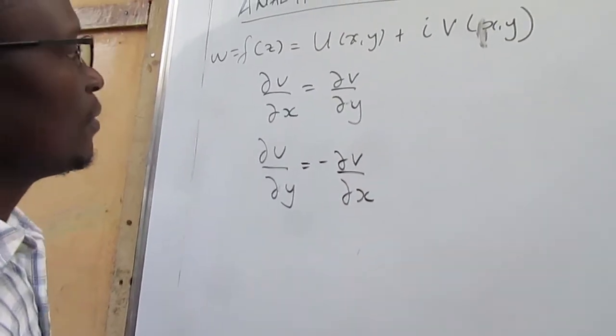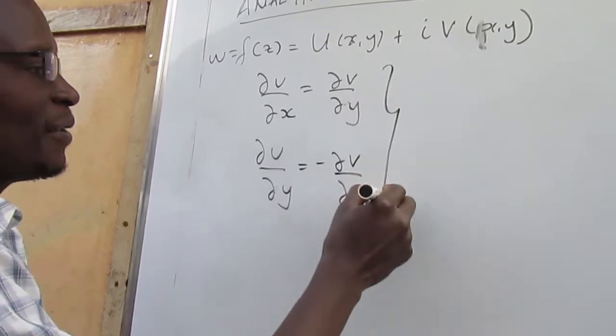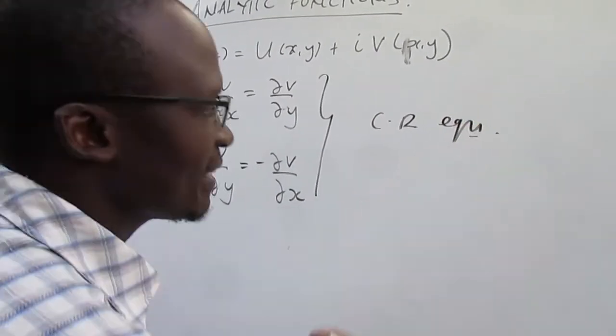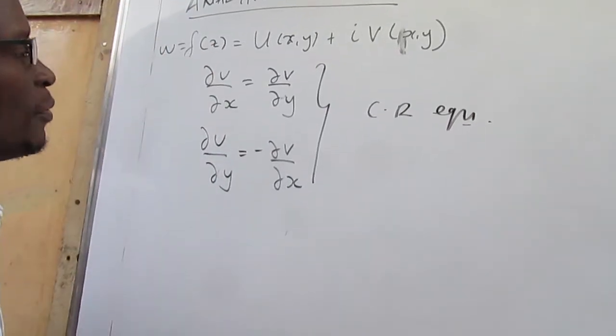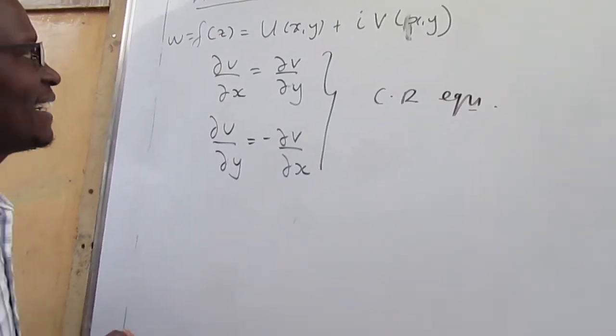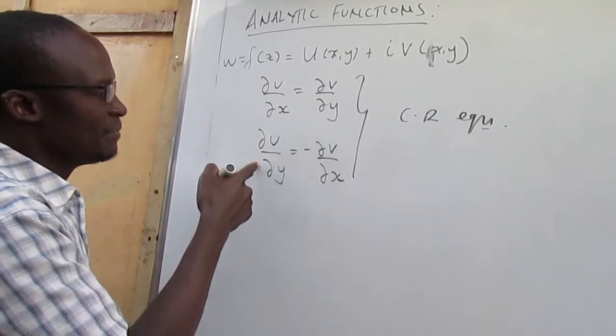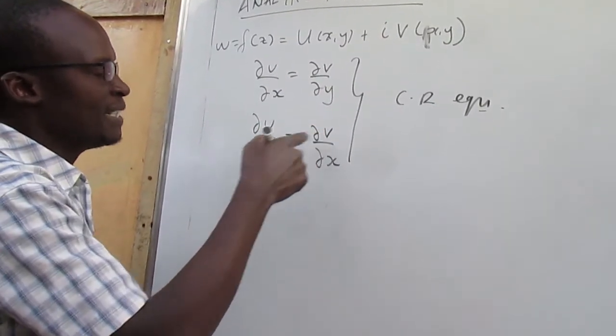Fine. So these Cauchy-Riemann equations give us a necessary condition for a complex valued function to be analytic. And now the sufficient condition is that these partial derivatives must be continuous.